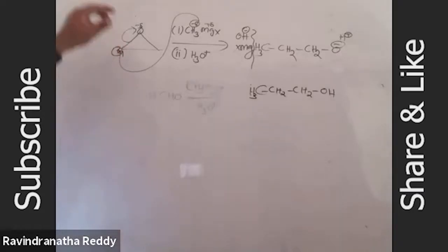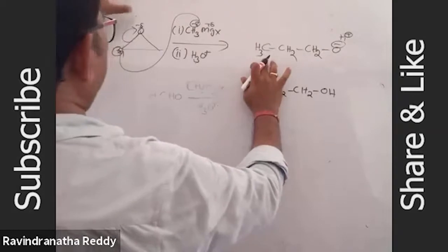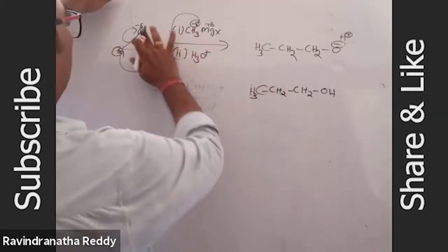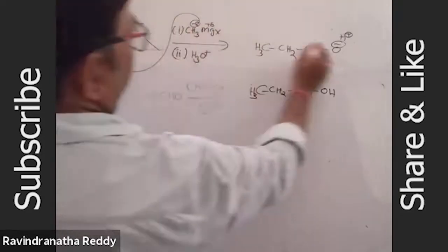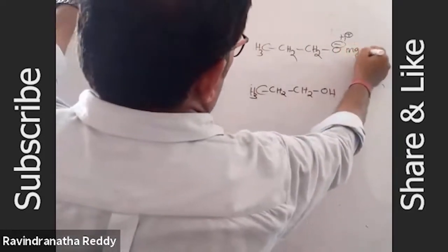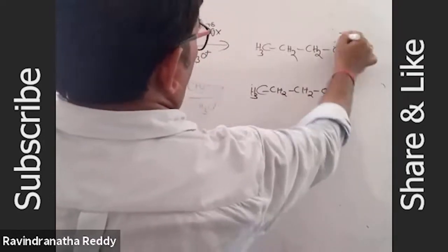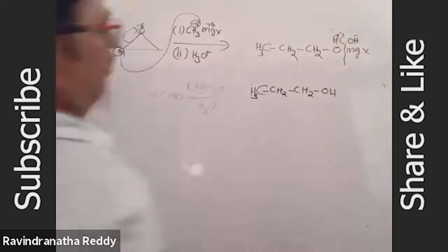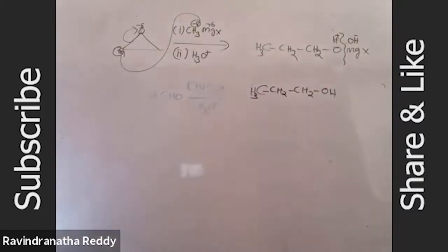Listen, this is CH3CH2CH2OMgX plus this part OMgX. Here hydrolysis, HOH. So the answer is the same, not on this side or that side.